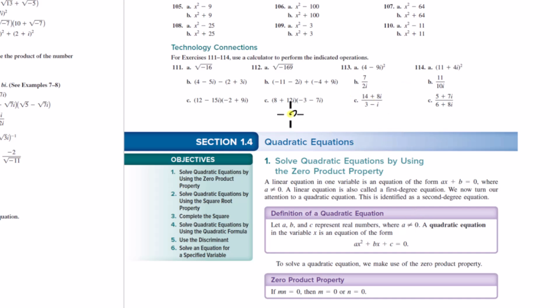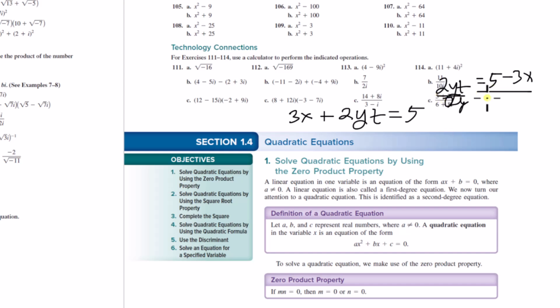Again, so if we had 3x plus 2yz is equal to 5, well, if we solved for z here, 2yz is equal to 5 minus 3x. Divide both sides by 2y, so z is equal to (5 minus 3x) divided by 2y.